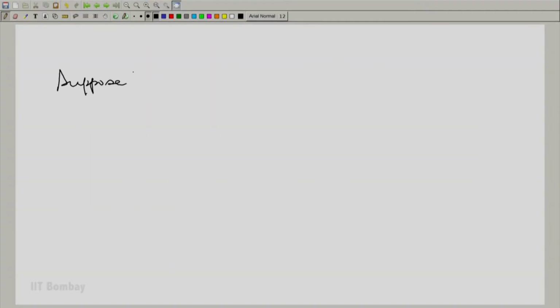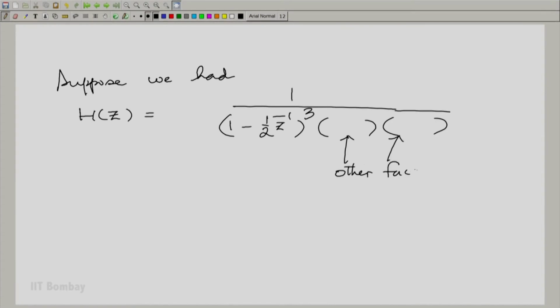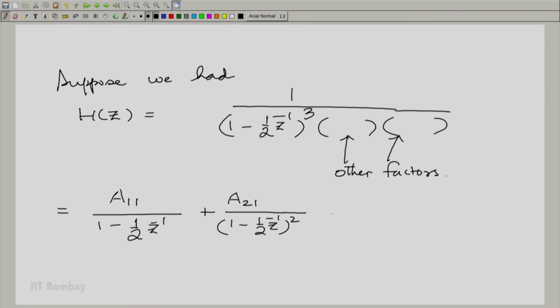So, suppose you had a third power of 1 minus half Z inverse in the denominator, then of course you recognize that this would have 3 terms. It would have the term of the form A11 by 1 minus half Z inverse plus A21 plus A31 and then other terms. Now again we can multiply both sides with 1 minus half Z inverse cubed.